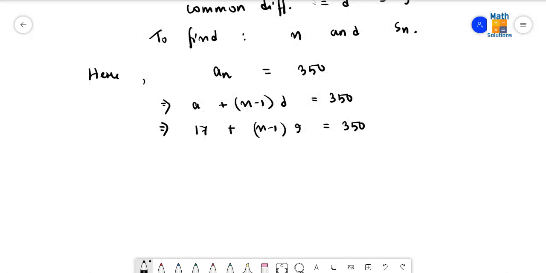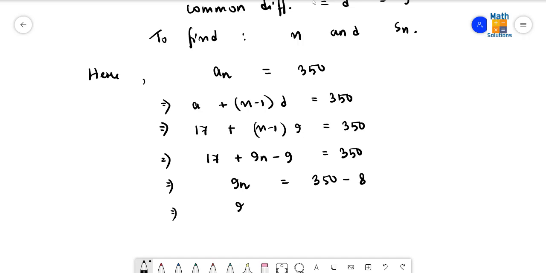So after this what we will get, 17 plus 9n minus 9 is equal to 350. So 9n will remain as it is, 17 minus 9 it is 8, and that will be shifted to the opposite side as minus 8.